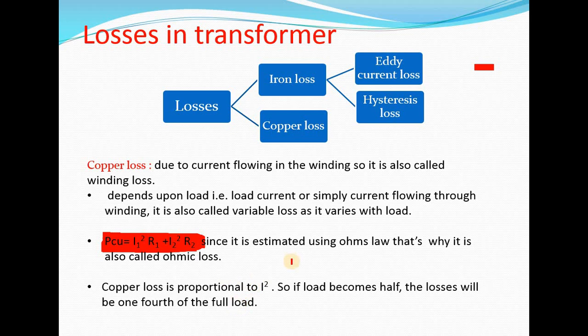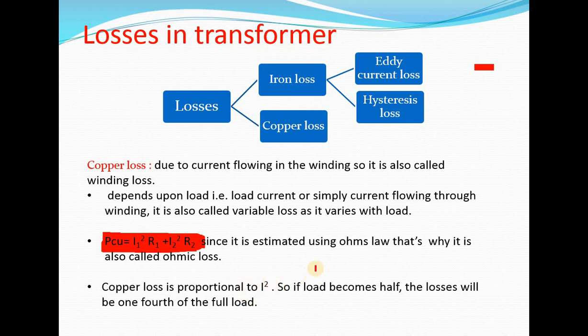If we reduce the load to half of the previous value, meaning half of the full load, then the loss becomes 1/4 of the full load, because loss depends upon I square. If load becomes half, then current becomes half, so loss becomes 1/4.